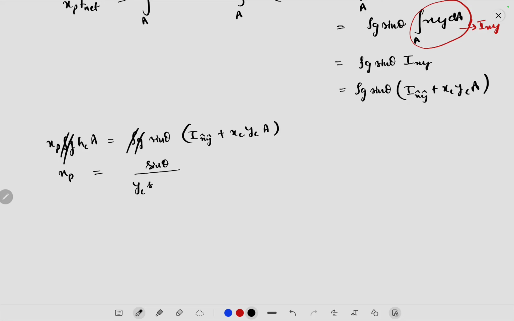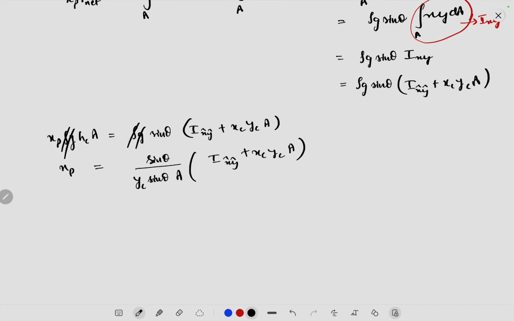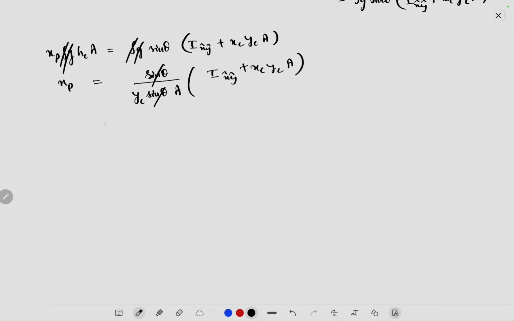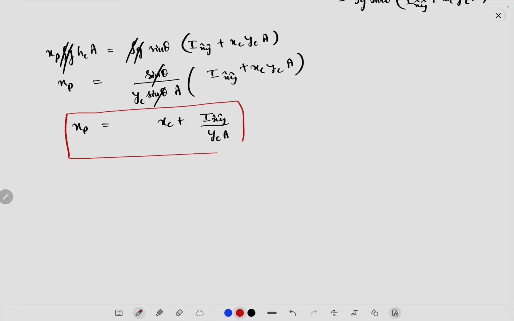Now what is hc? hc is yc sin theta times a, over Ixy plus xc yc a. Sin theta would cancel out with sin theta and this would simply become xc plus Ixy by yc a. So this is how we'll calculate the center of pressure coordinate xp.